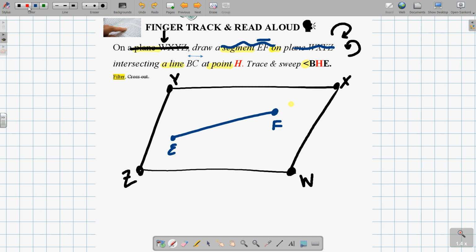Now EF intersects a line, intersect means cross, BC. So here I have a line BC being crossed by EF. It's a line, so there's arrows. And they cross at point H.